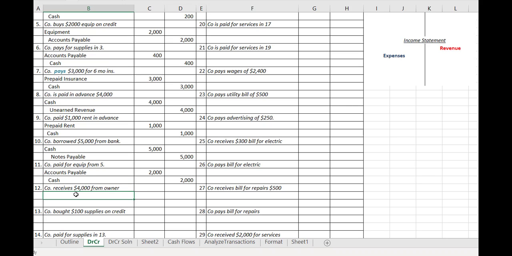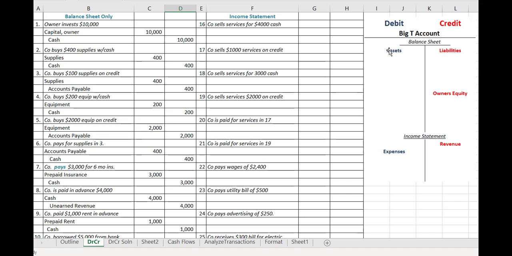Cash is coming in, so we would debit cash, and we would credit some capital account, whatever we have for owner's equity. And if you look at it over here on this sheet, I would have it increase to cash with a debit, increase to owner's equity with a credit.